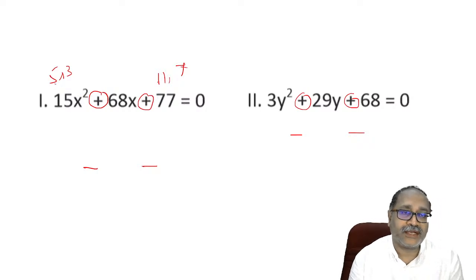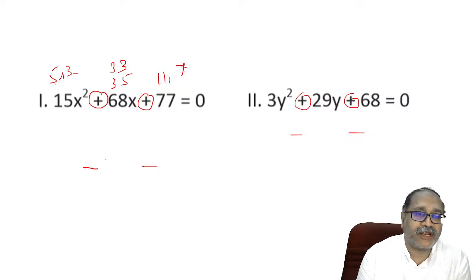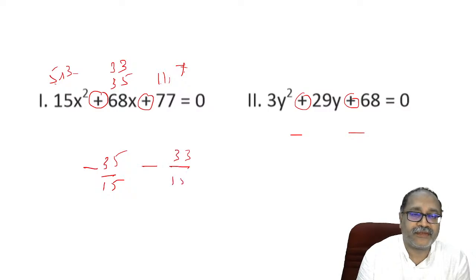Now I notice that this is 55 and 7 3s are 21. No, 33. Yeah, that's right. This is 33. 11 into 3 is 33 and 7 5s are 35. So that's how you get this one. The bigger number should be written first, 35 by 15 and then 33 by 15.